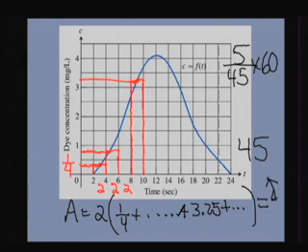And so when we multiply all that out, we will get 6.7 liters per minute. And that would be the cardiac output of that particular patient.